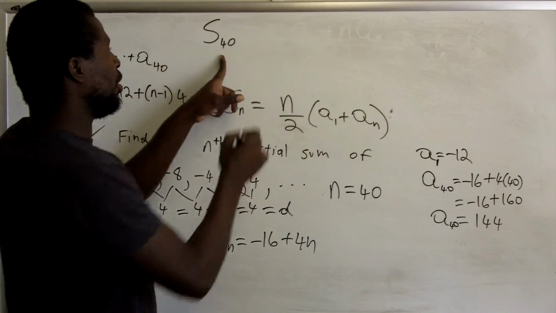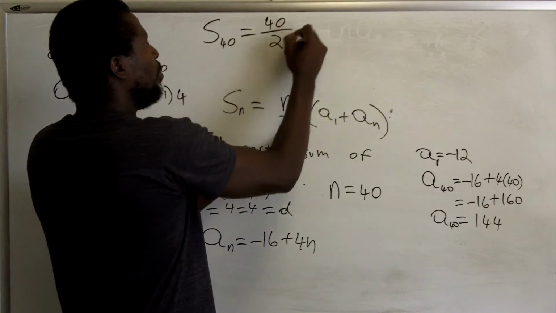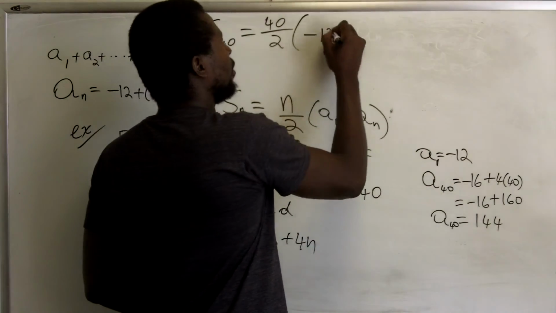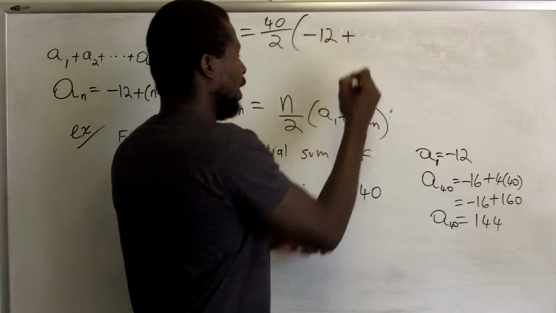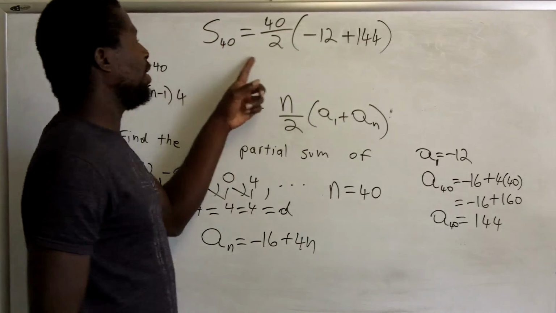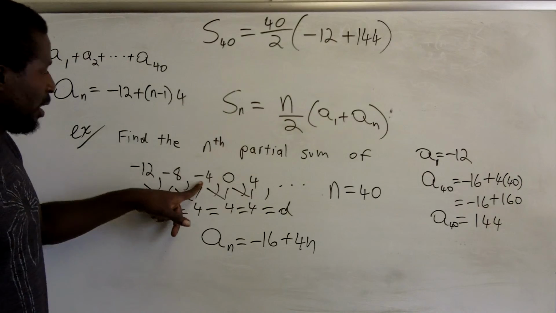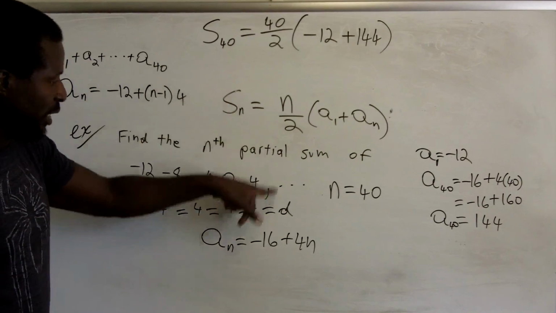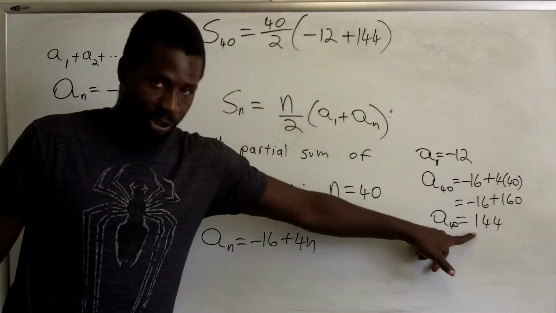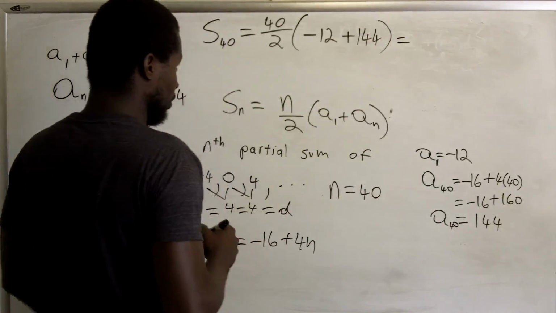So the 40th partial sum is equal to n, which is 40, over 2, multiplied by a1, which is negative 12, plus an, and an is 144. This will be the result of adding negative 12 plus negative 8 plus negative 4 plus 0 plus 4 plus 8 plus 12 plus 16, all the way up to the 40th term, which is 144. Adding all of those up produces this number.